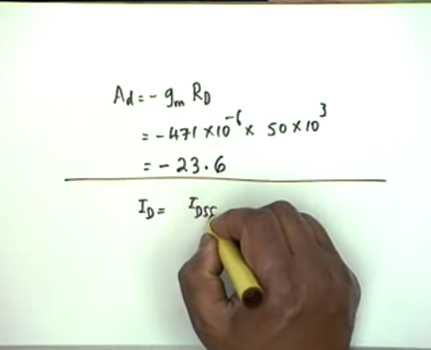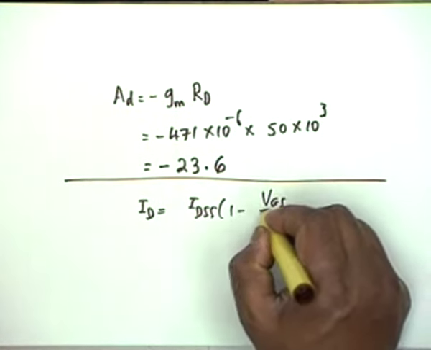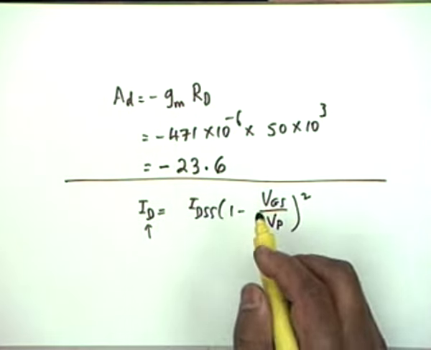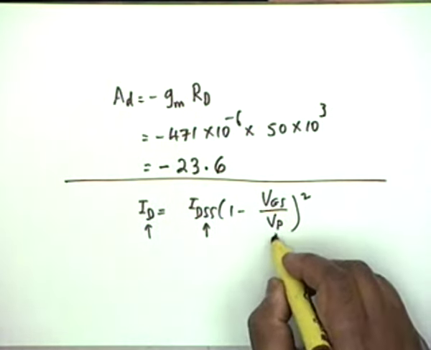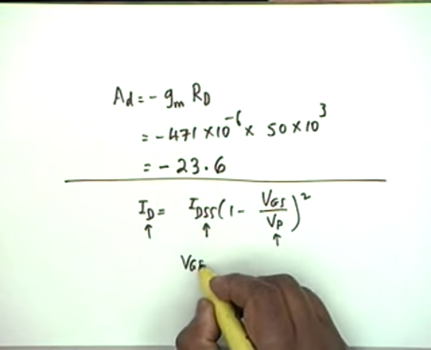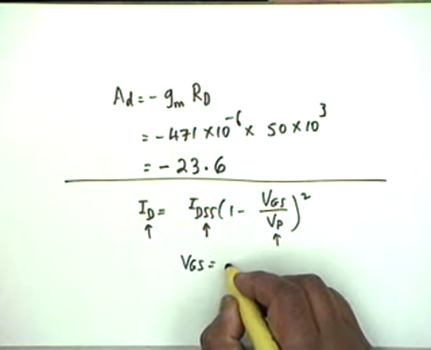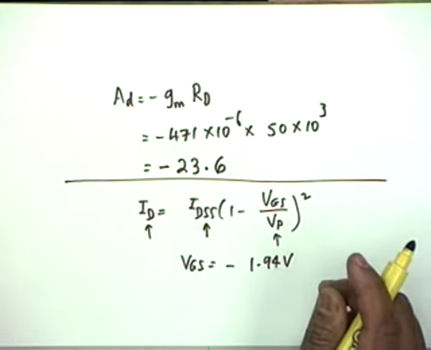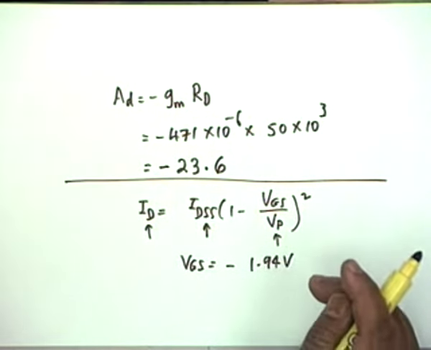So I calculate VGS first. ID is IDSS times 1 minus VGS by VP whole square. I know ID, I know IDSS, I know VP, and therefore I can calculate VGS. VGS, my calculation gives it as minus 1.94 volt. It has to be negative. Gate has to be negative with respect to the source.